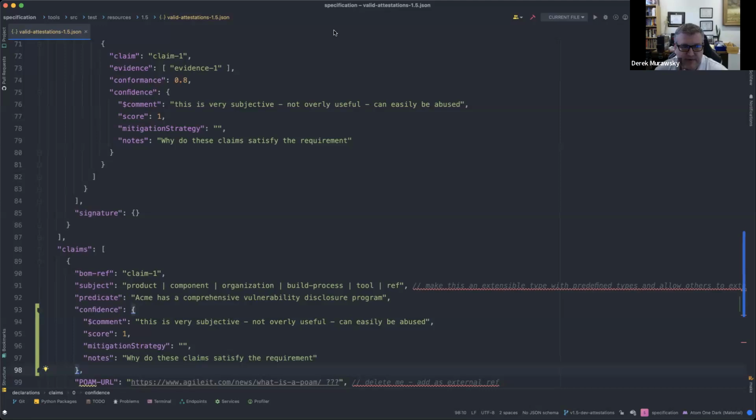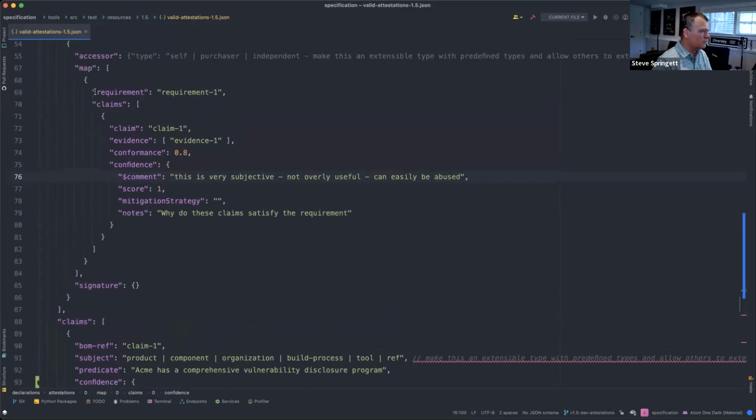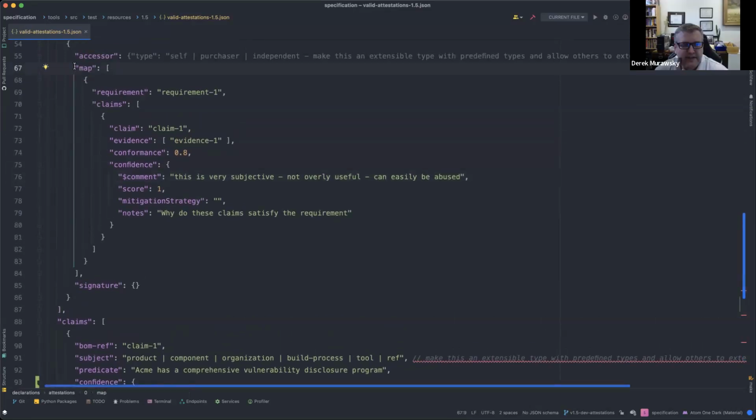But then if we can go back up to the mapping for a second. I think up here, if we're having this as an attestation for a requirement, the conformance and the confidence should be pulled out of this claims map and should instead be at this requirement object that starts at line 69.